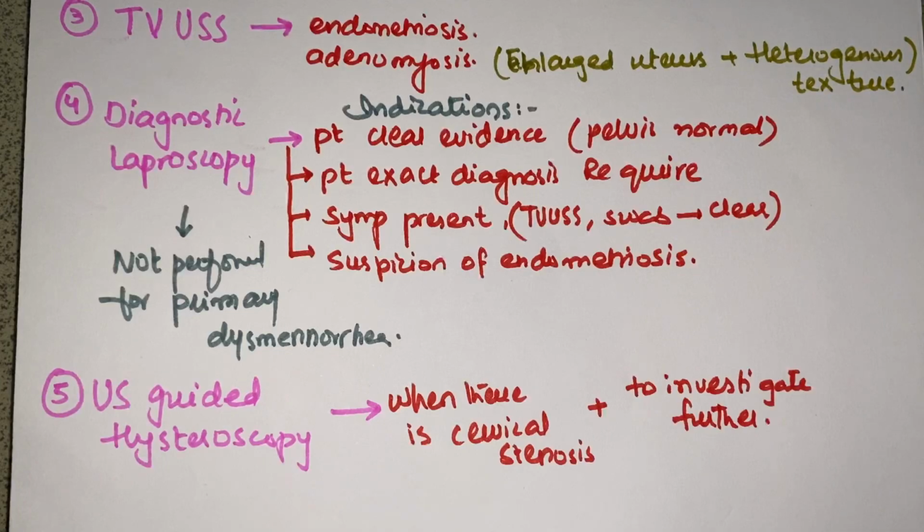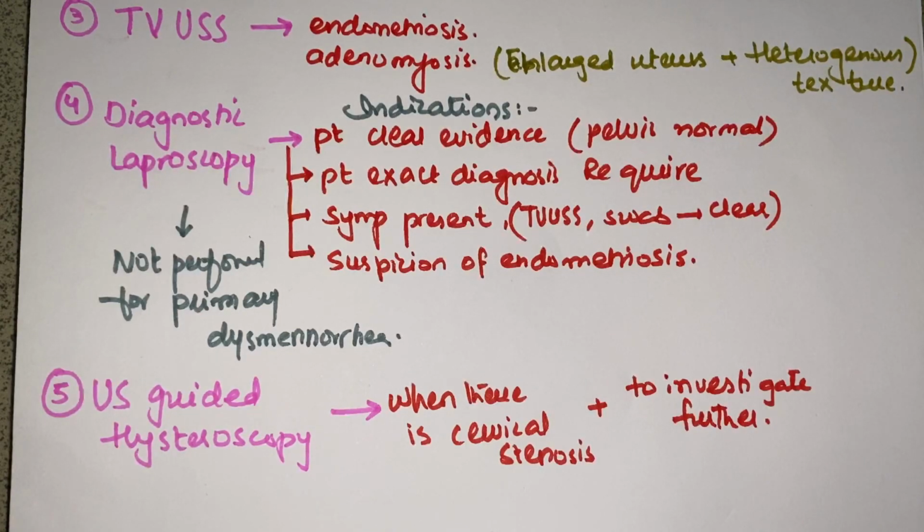Or when we have done swabs and transvaginal ultrasound and they show normal results, but the symptoms in the patient still persist. Or if I, as a doctor, suspect that endometriosis may be present in my patient, then I go for diagnostic laparoscopy. An important point: it is not performed for primary dysmenorrhea.